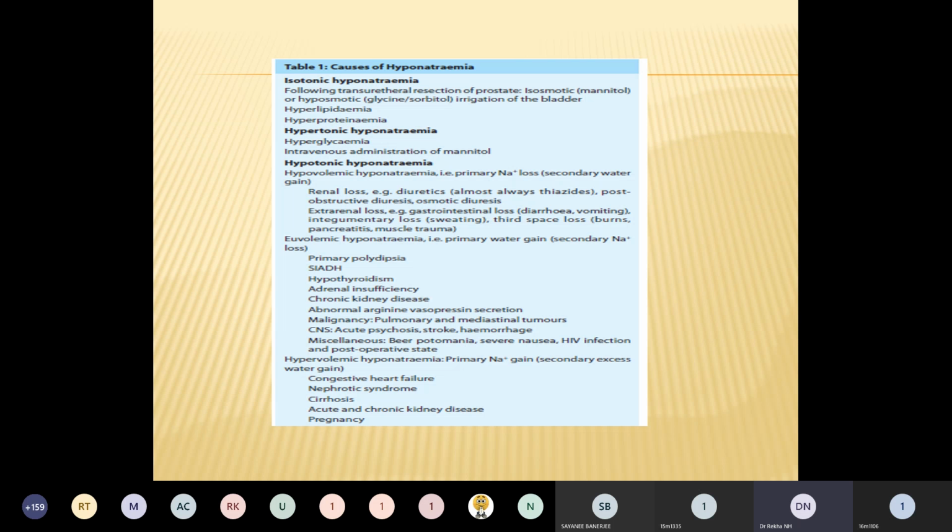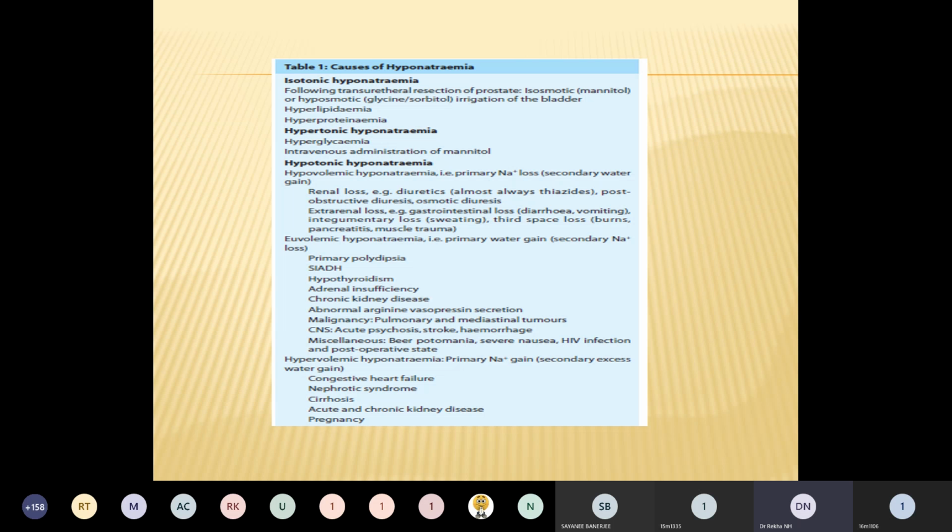Hypertonic hyponatremia is seen in hyperglycemia. Hypovolemic hyponatremia usually occurs whenever there is fluid loss, which can be renal loss or GI loss. Extrarenal loss is mainly GI loss like diarrhea and vomiting, then sweating and third space loss. These are the causes of hypovolemic hyponatremia.